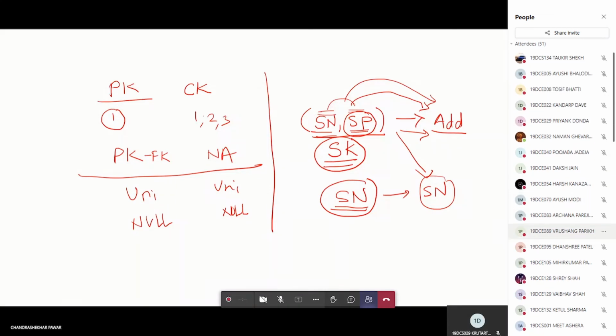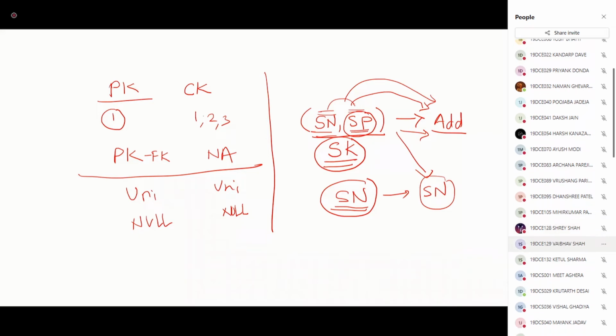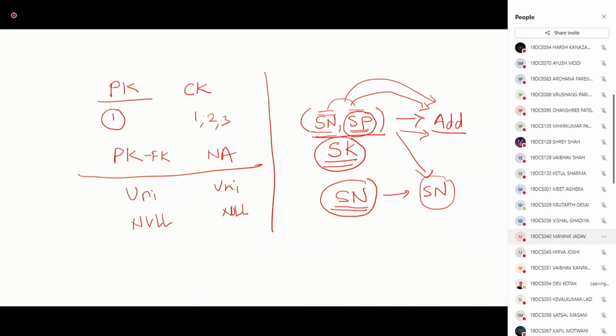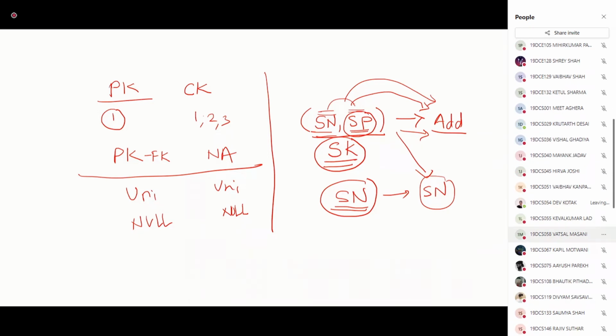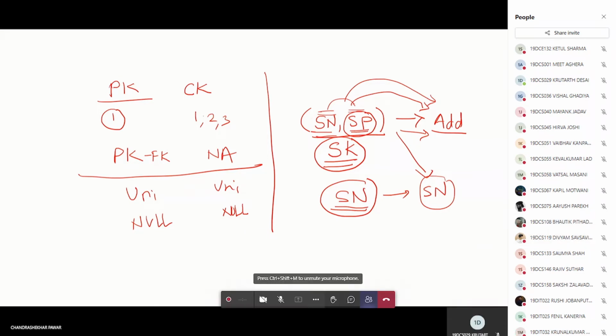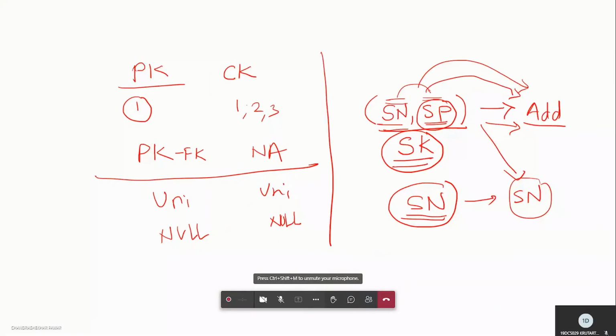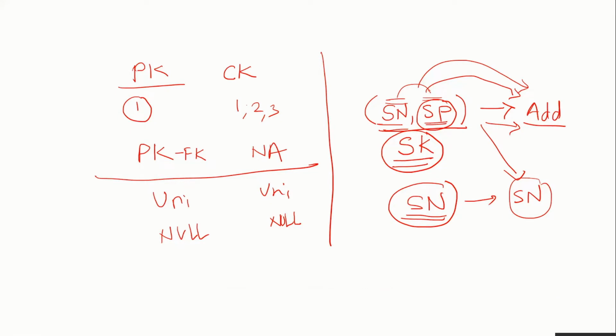About the primary key, we consider that records are unique and not null, but within the foreign key there can be duplicate values when we link the tables.